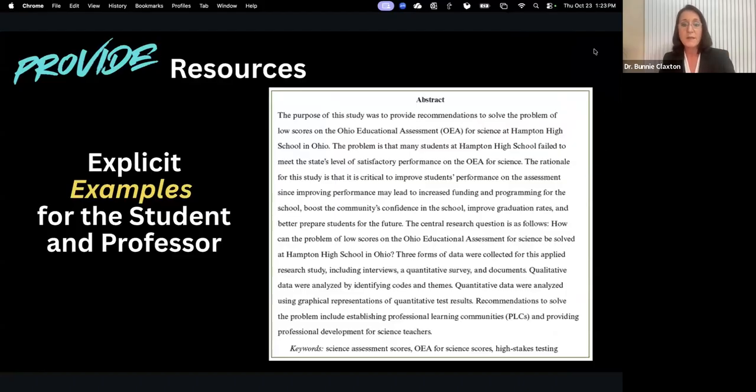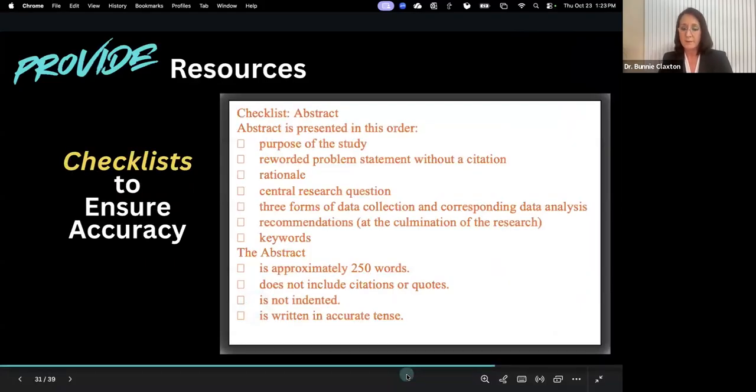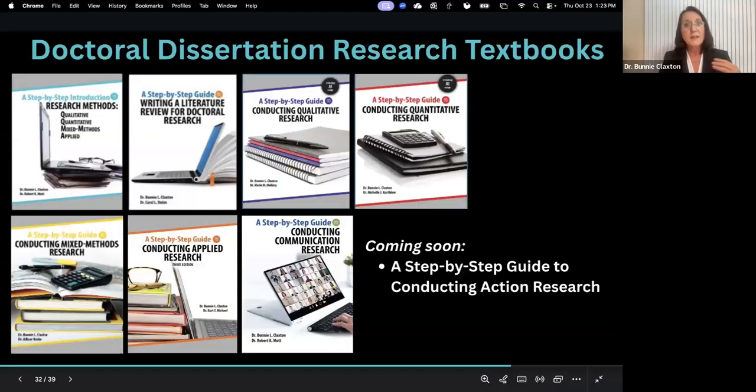This is the example that they will see, so they know exactly what we want them to do. And then we give them a checklist to make sure that they did everything we told them to do in their abstract. And we do this for every part of their dissertation. We've given them the tools that they need to be successful in their dissertation process.